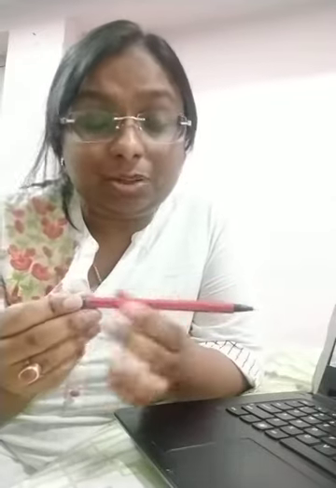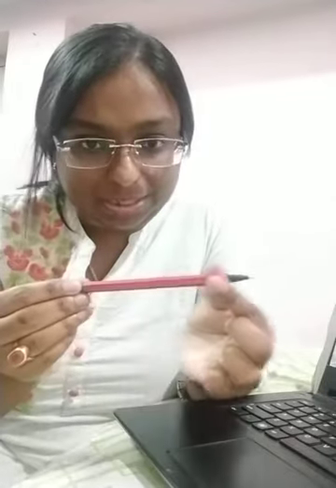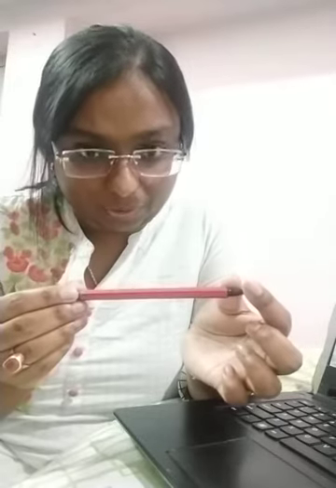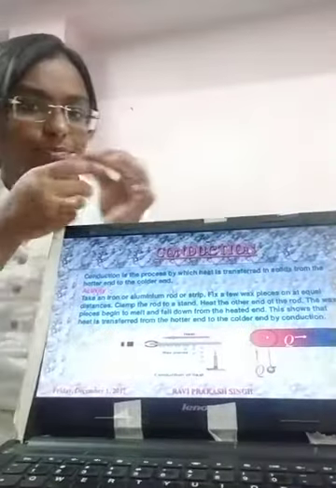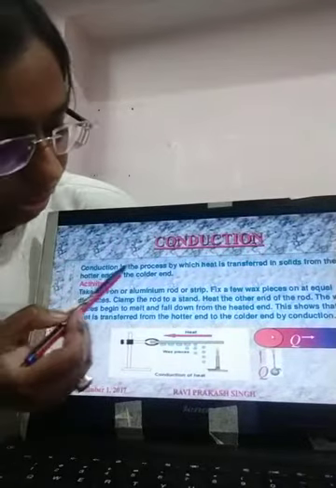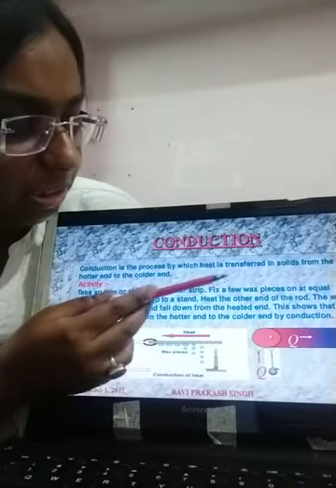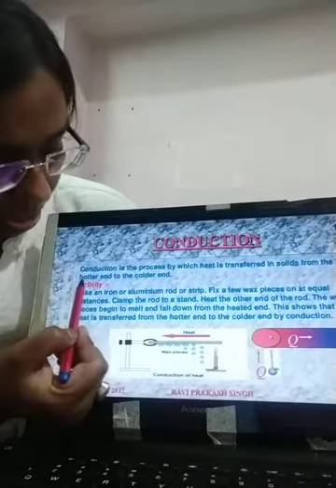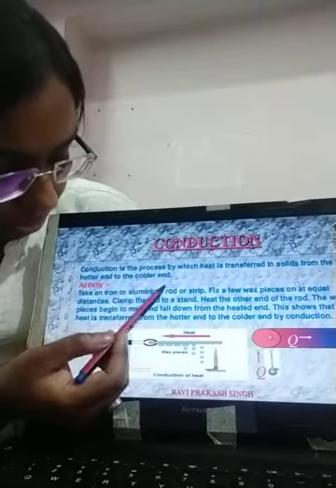So this is how the heat gets transferred from this end to that end. This process is called conduction of heat. So conduction is the process by which heat is transferred in solids from the hotter end to the colder end.